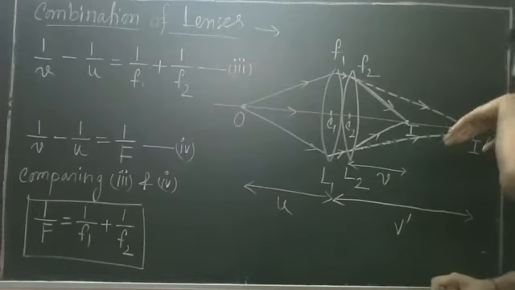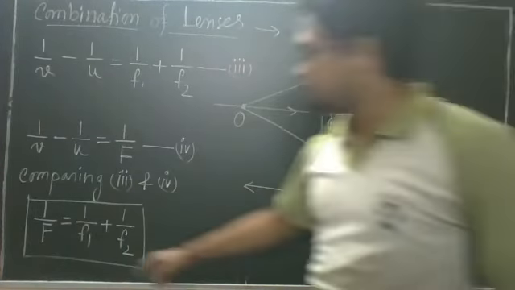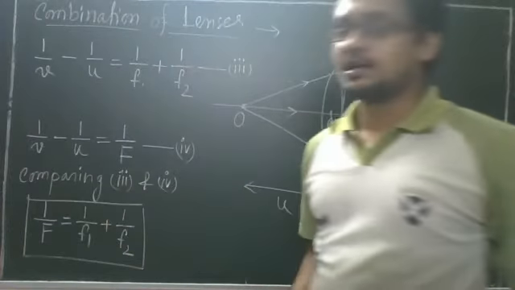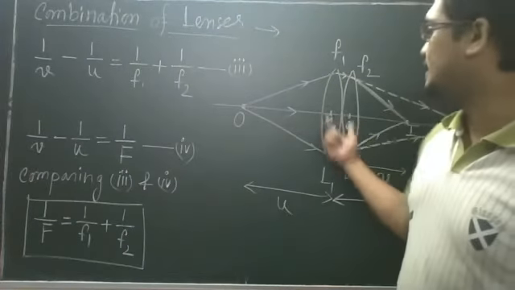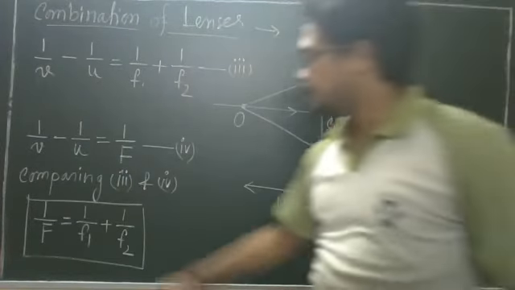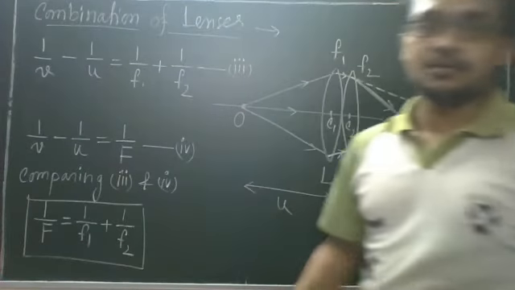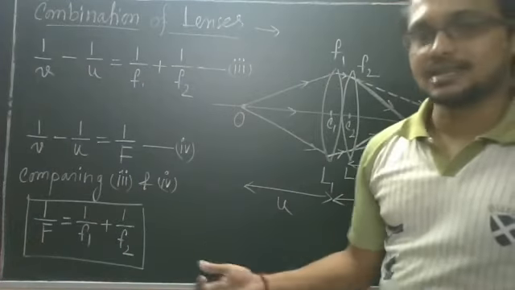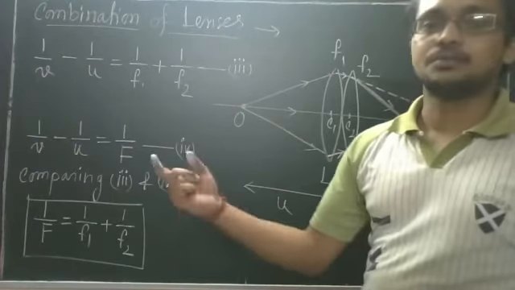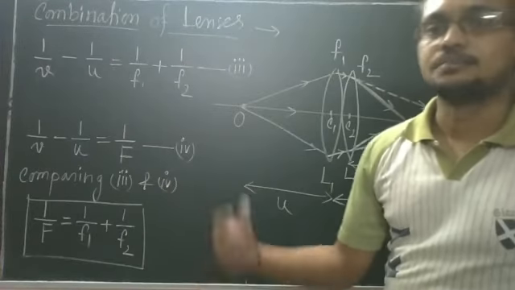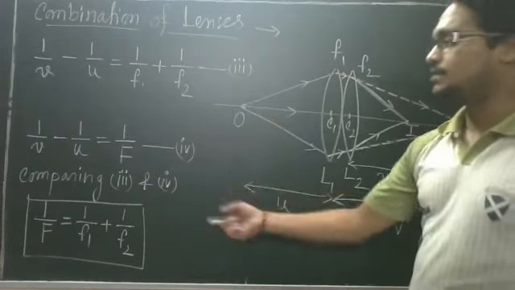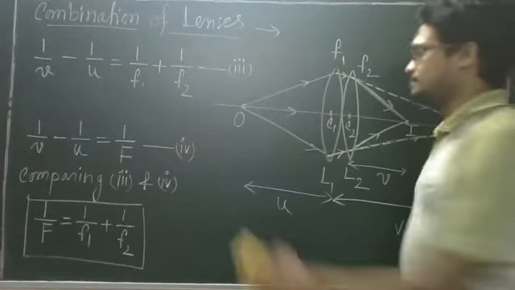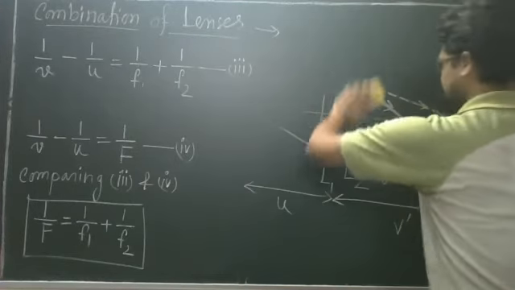When you put in the values, put them with sign. If both lenses are convex, put positive values. If one is convex and another concave, put plus for convex and minus for concave, and then calculate to get the final focal length. So this is the derivation.